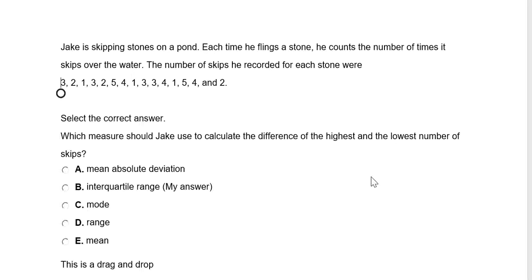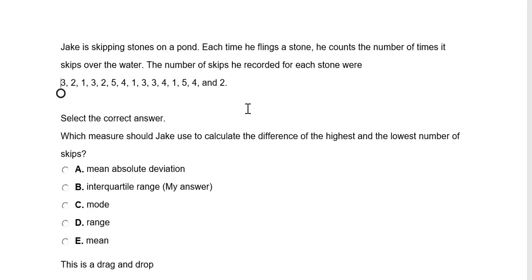E is the mean. So the mean would be you add up all of these numbers and then divide them by the number of data that you have. I did not even count how many data there are, but we can. 1, 2, 3, 4, 5, 6, 7, 8, 9, 10, 11, 12, 13, 14, 15.